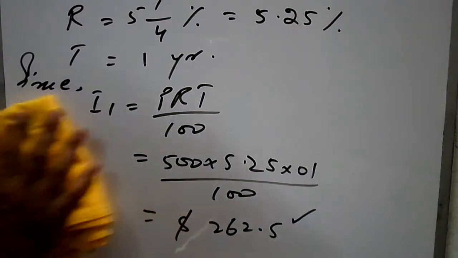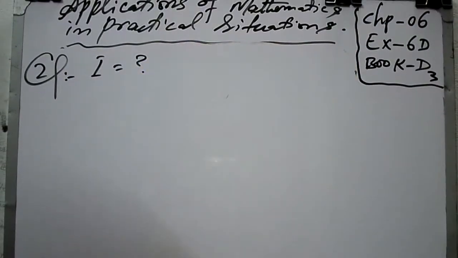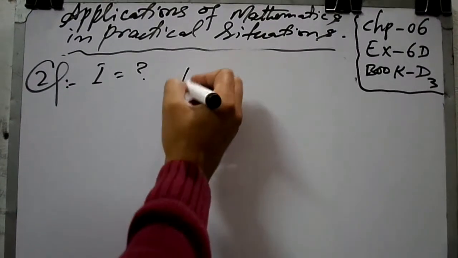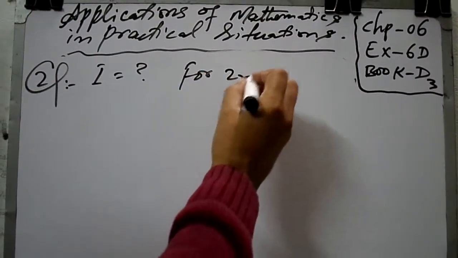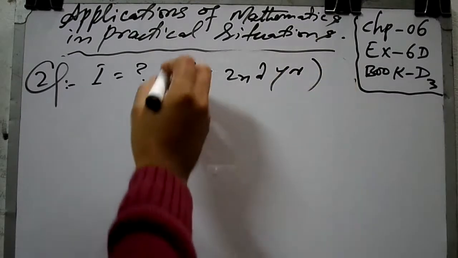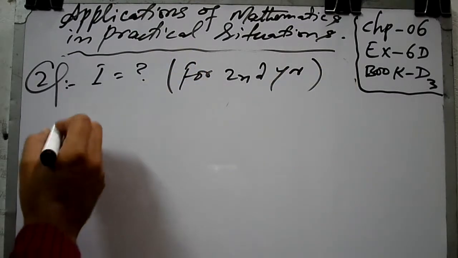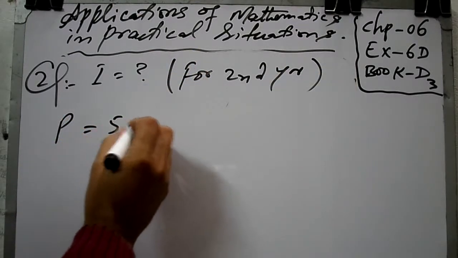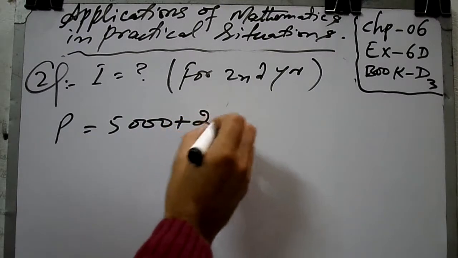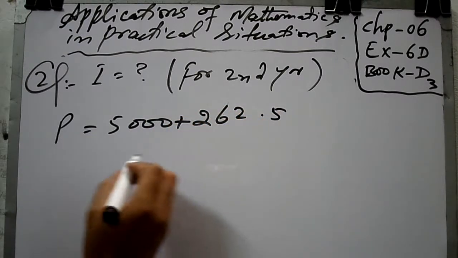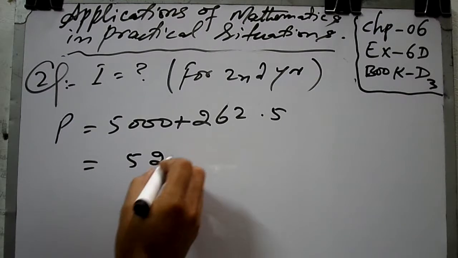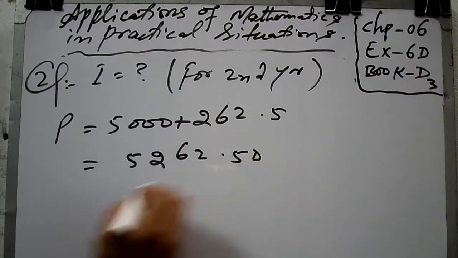Now for the second year, the principal amount becomes 5,000 plus 262.5, which we have just calculated. So the total amount will be this one.